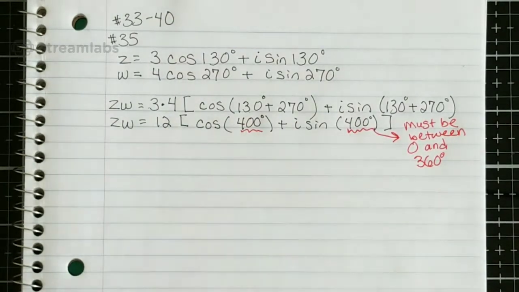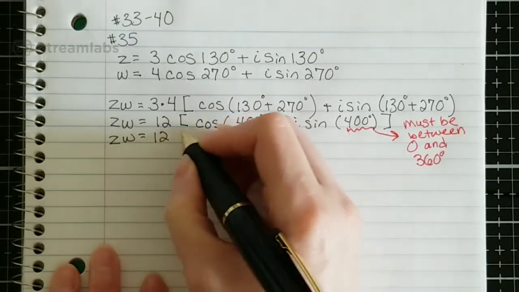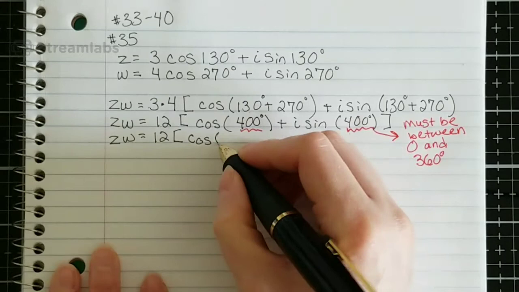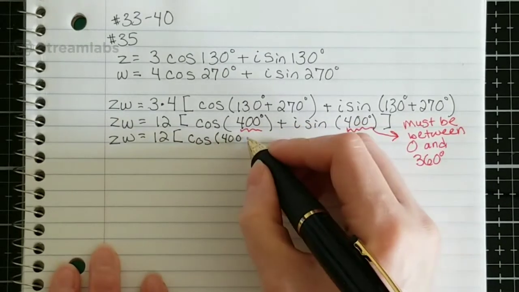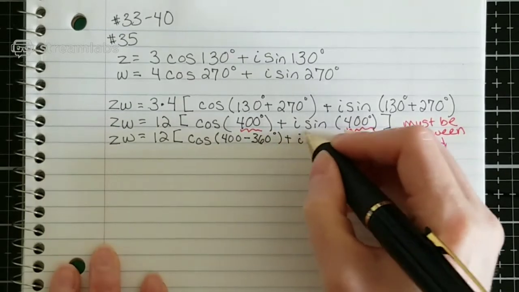To remedy that, if the number they give you is too high, just subtract 360 degrees off of it.